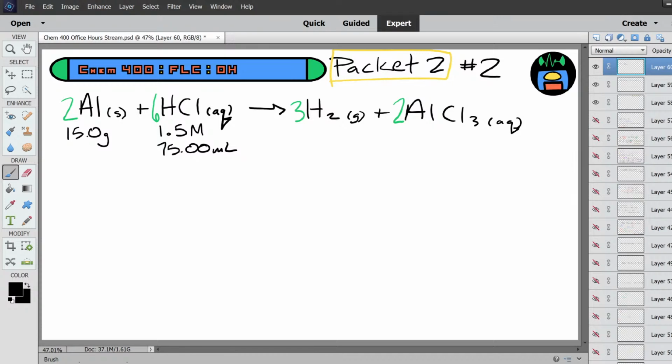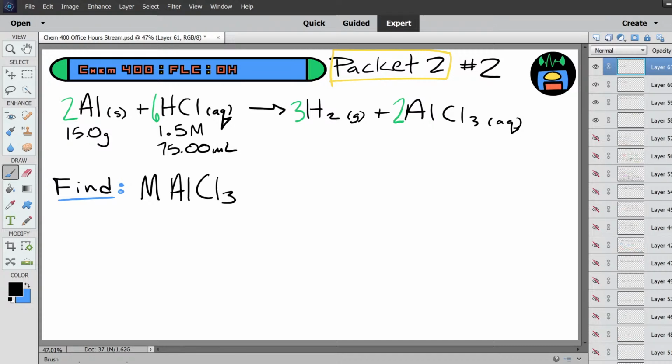And then in part B, we're asked to find the molarity of the aluminum chloride solution.